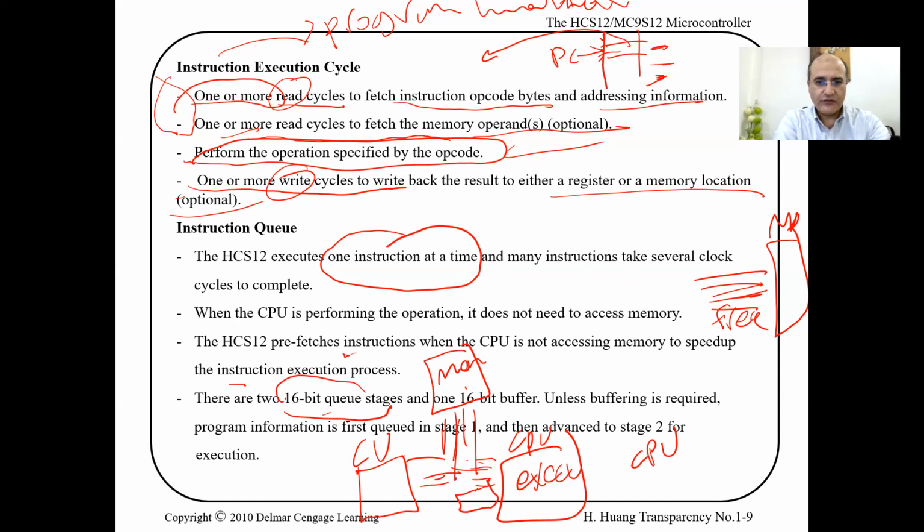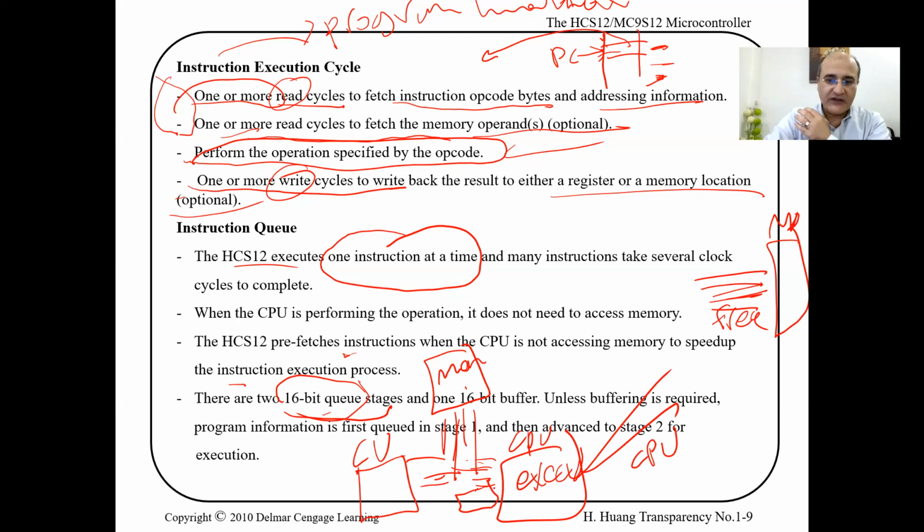This HCS12 has a two-stage 16-bit instruction queue. Meaning while this is executing, you can go get a 16-bit opcode and operand for the following instruction, so that when the CPU finishes executing the instruction, it doesn't have to waste time going to read the memory for the new instruction.